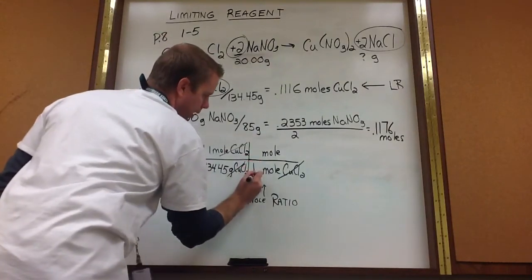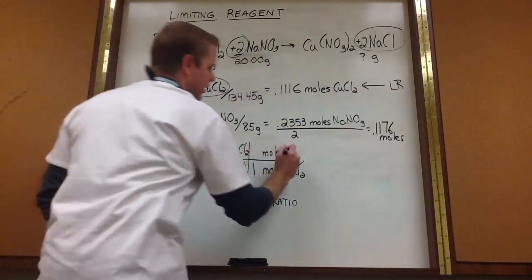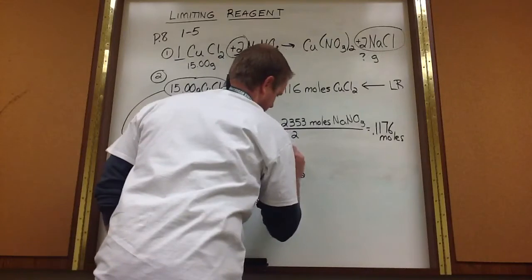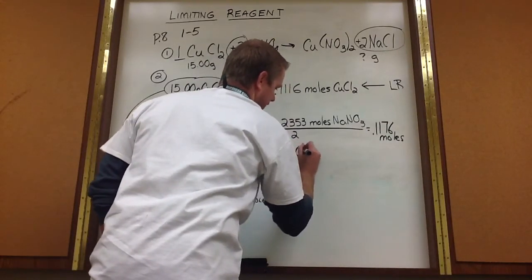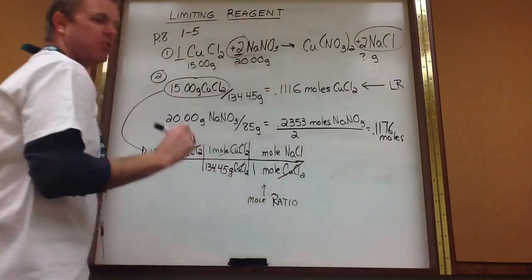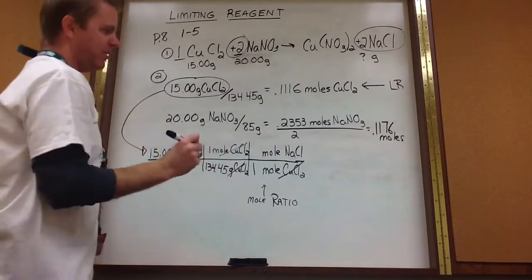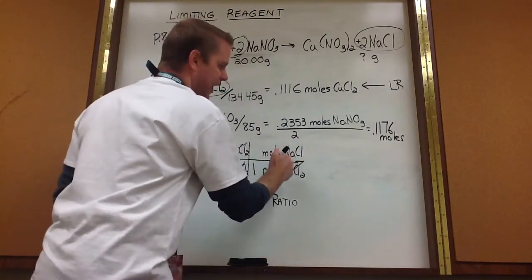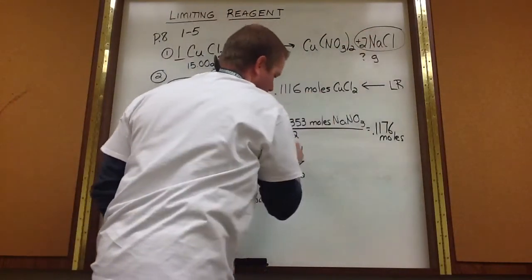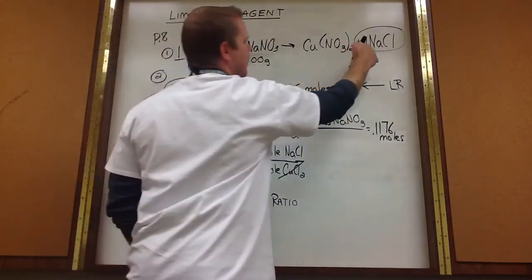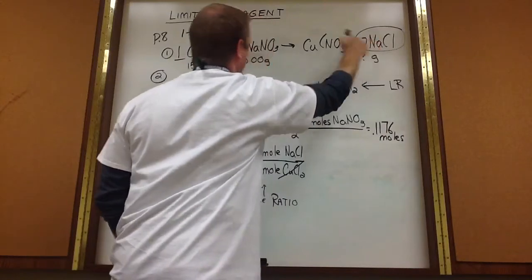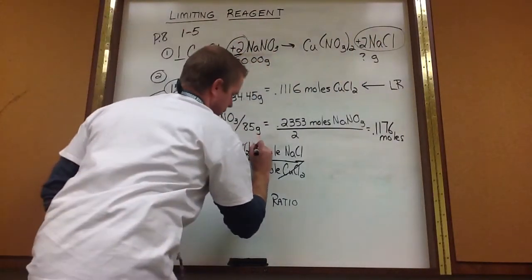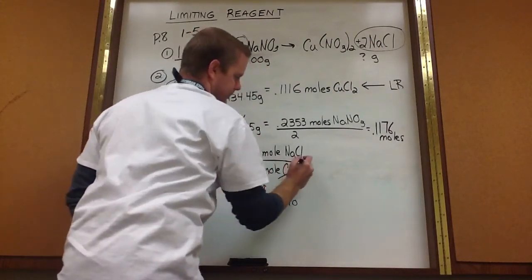So for every 1 mole of CuCl2, we want to know NaCl. So on the top of the mole ratio will always be what you are looking for. Let me say that again. On the top of your mole ratio step, the thing that you're looking for will always be on the top. Well, the number here is we're going to go through 2 moles for every 1 of these. So therefore we put a 2 right there.